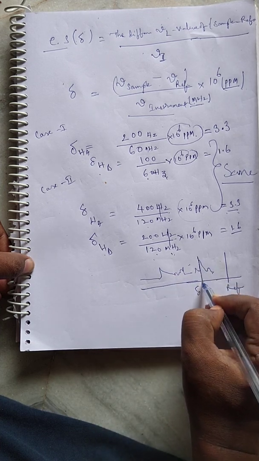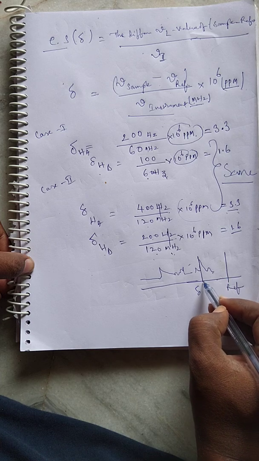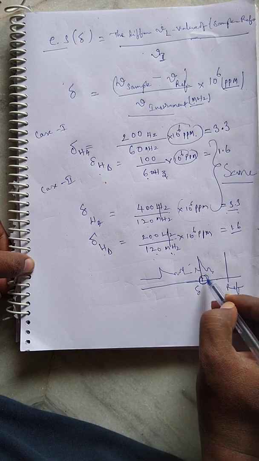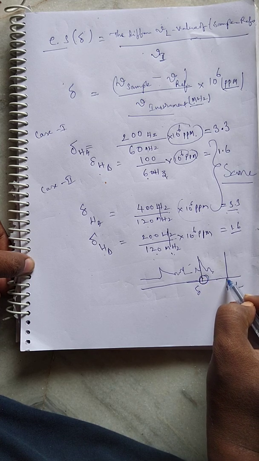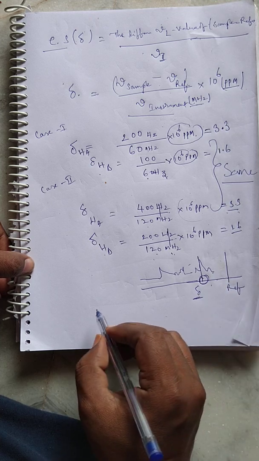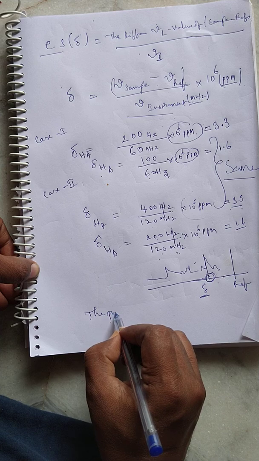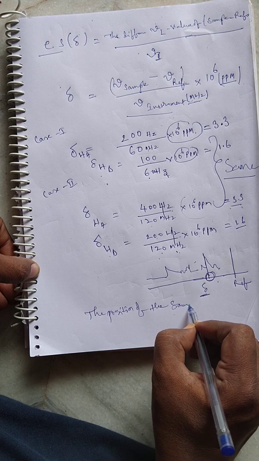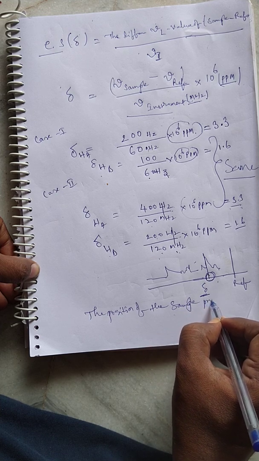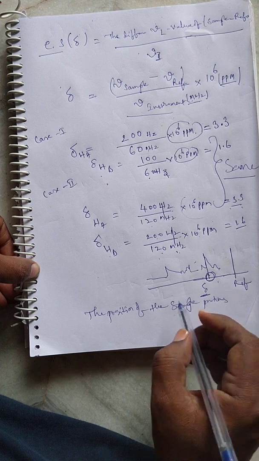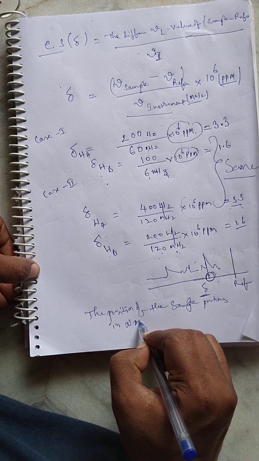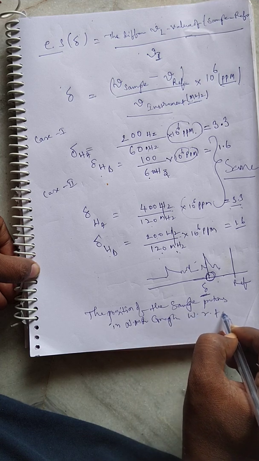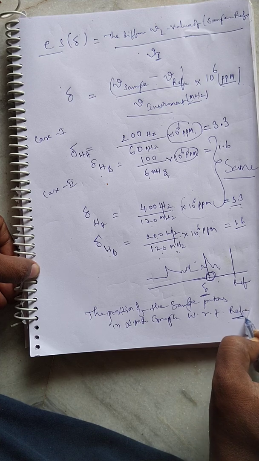And here, the position of the sample protons, or sample nucleus, in the NMR graph with respect to reference is called chemical shift.